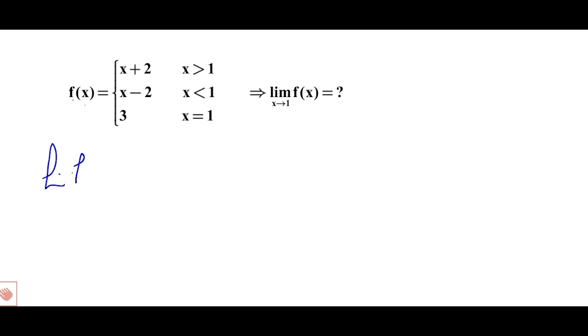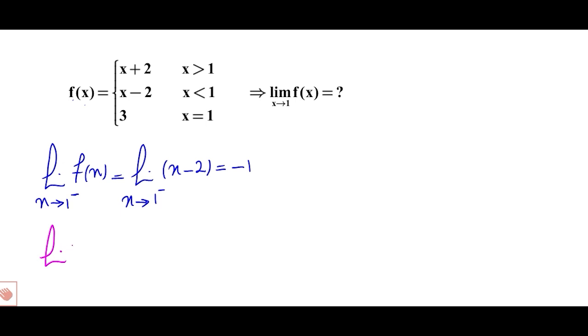The limit of f of x as x approaches 1 from the left means x less than 1. So the limit of x minus 2 as x approaches 1 from the left. And now we plug in 1 for x, so we have 1 minus 2 is equal minus 1.